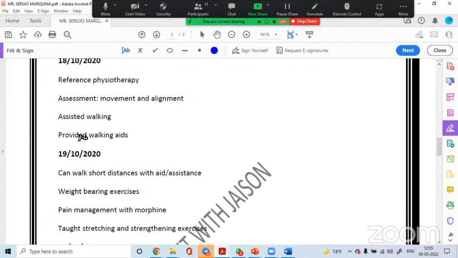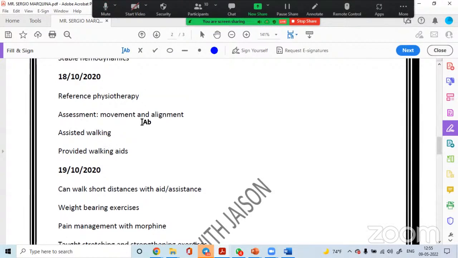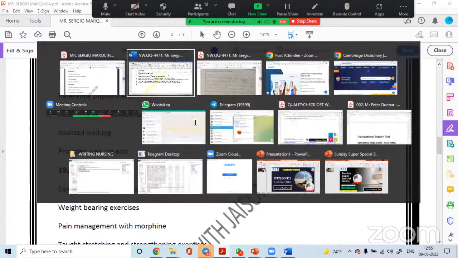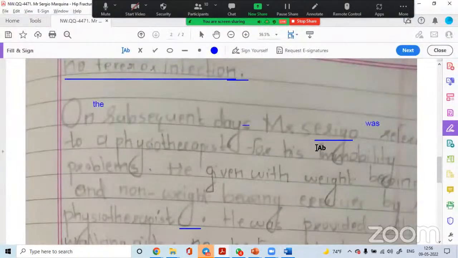So that is it. Assisted walking. Assessment, movement and alignment. Was referred to a physiotherapist.